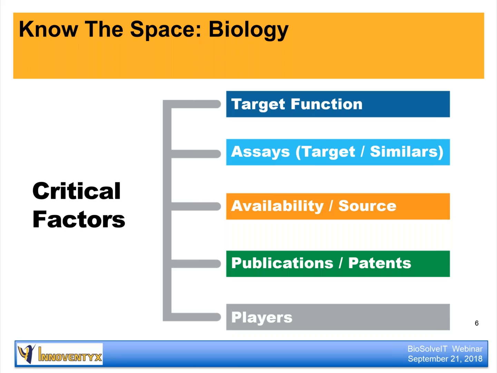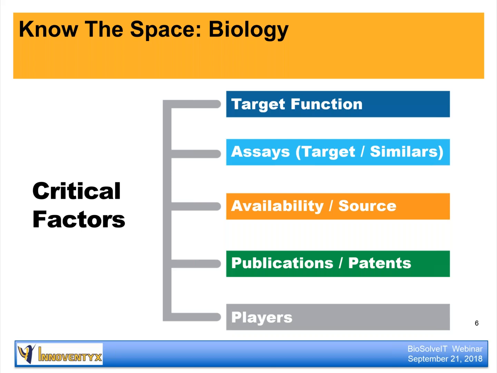And I include similars here because in many cases we're in a situation where the biological target that we're working on is not unique. I mean, there might be other targets, other biological entities that are highly homologous to our target of interest, and that means that when we start drugging our target, we might be hitting other targets, and you need to know that and figure out how to monitor that.